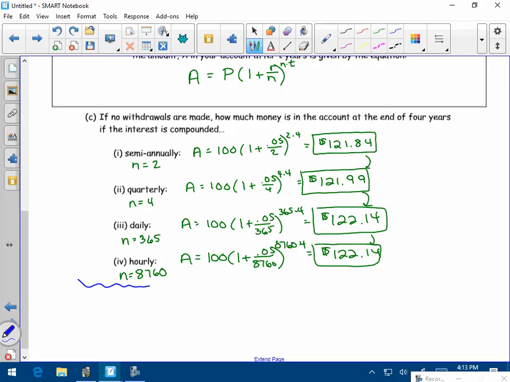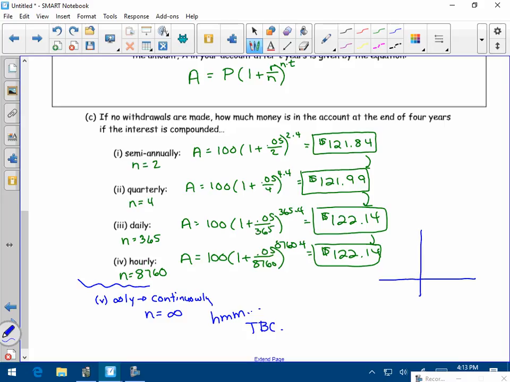Well, if I could compound an infinite amount of times a year, we call that compounding continuously. Every moment in time and then some. So essentially N equals infinity. Well, I can't plug infinity into a formula, so how do I deal with that? That's to be continued. It's coming soon. But as a preview, think about what's happening.